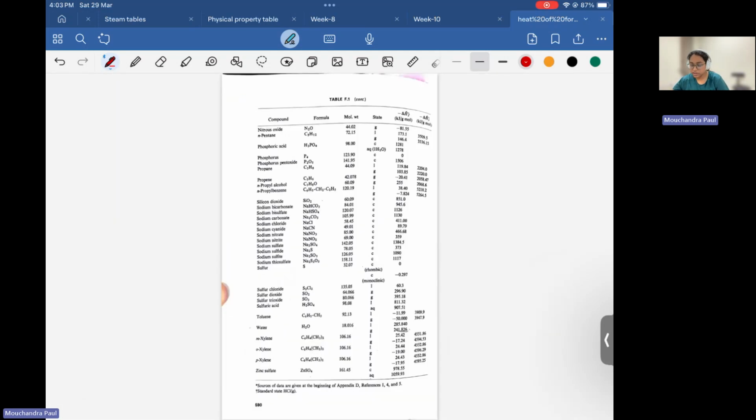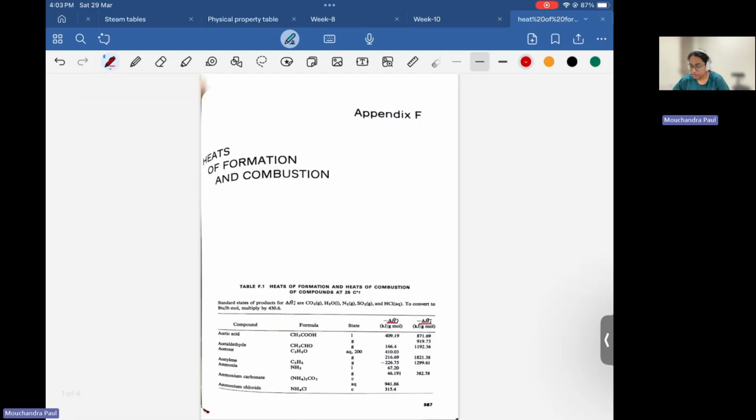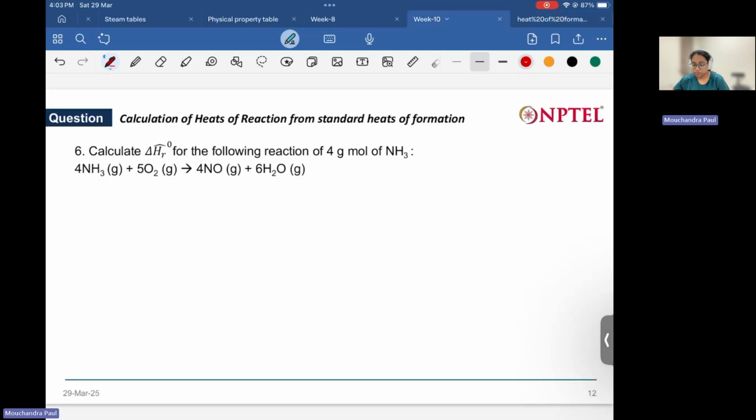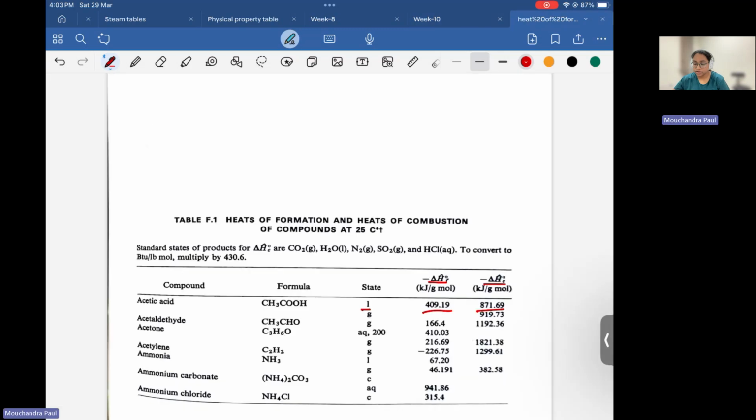It's a very long list, and you can see for which state you need. Like, let's say if I need the liquid state of acetic acid, the heat of formation will be minus 40919, and the heat of combustion will be minus 871.69. So in this way, you can use this table to calculate the entire heat of the reaction for the equation that is given here. Let's do that.